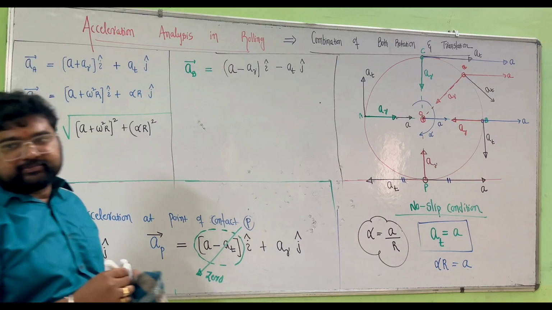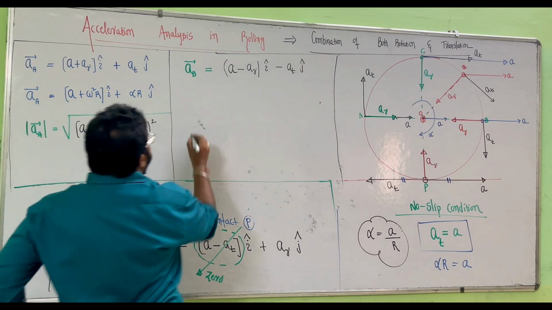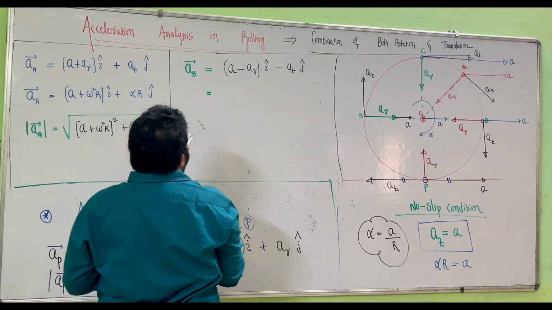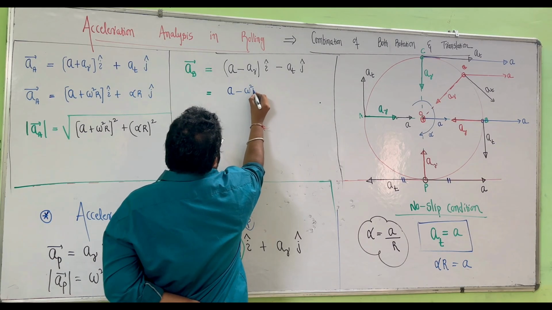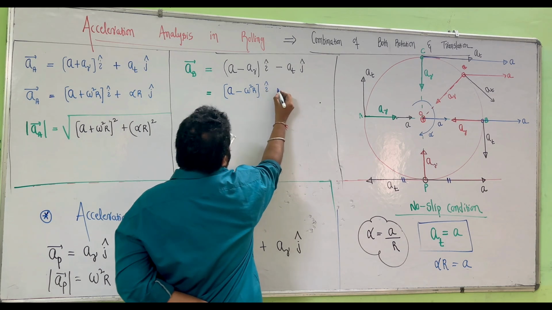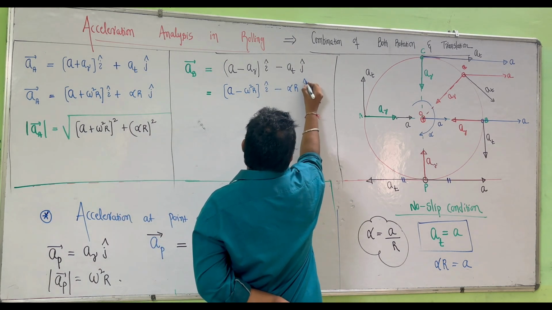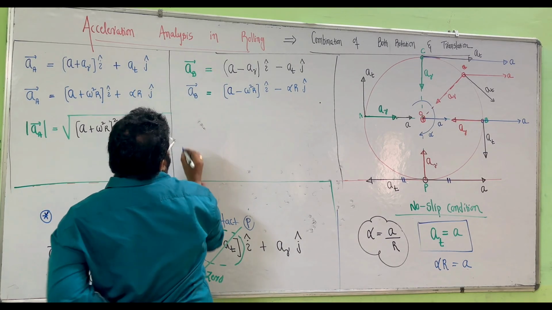Are you getting the same? So that equals A minus omega square R, where R is the radius of the disk, I cap, minus alpha R J cap.